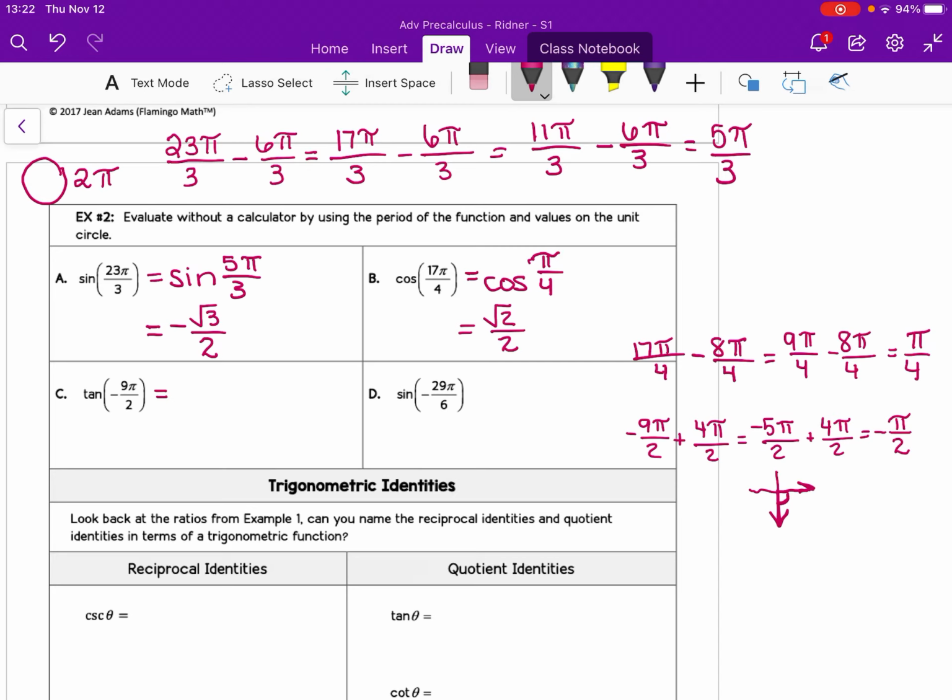So that's actually this point right here, which is 0, negative 1. That's pretty simple. Okay. So tangent of negative pi over 2 is the y value, which is negative 1, divided by the x value. And remember, it is never okay to divide by 0. Therefore, it is possible that for tangent, you get undefined, meaning there's a spot where it cannot happen.